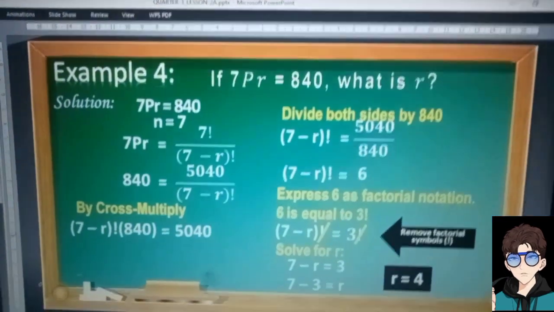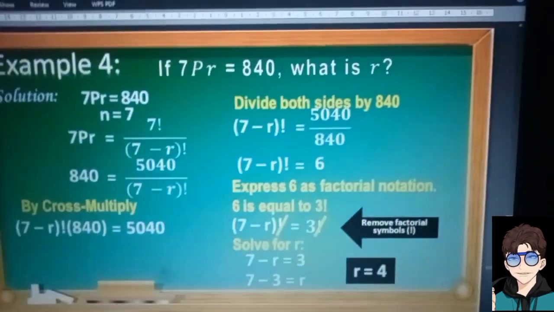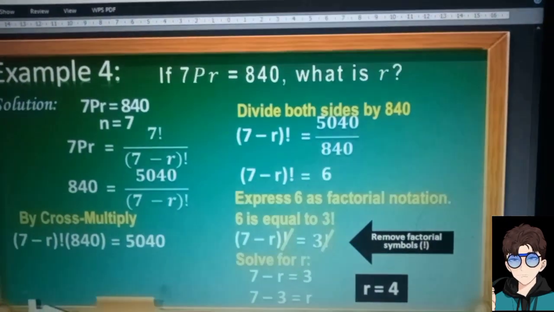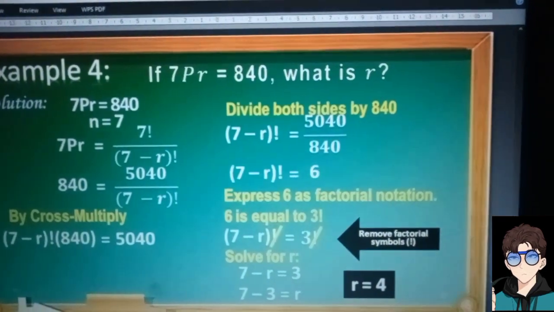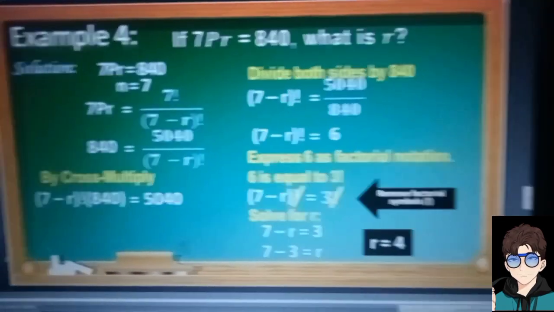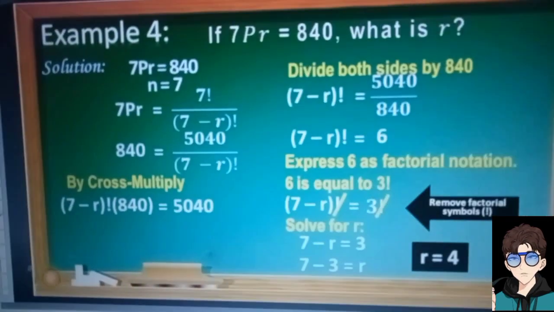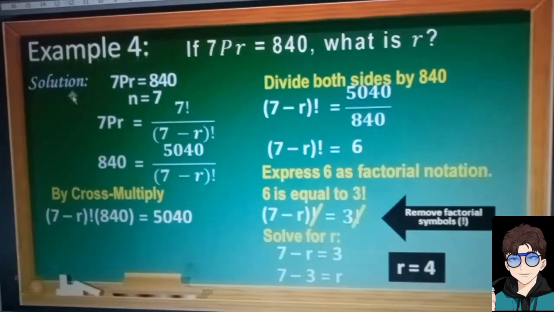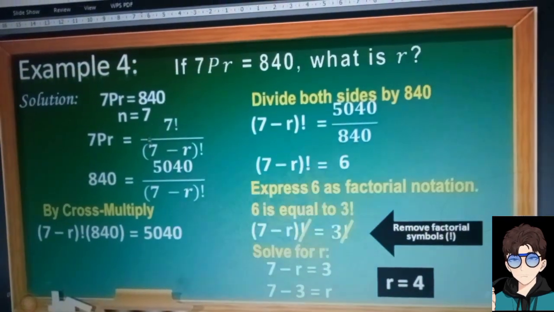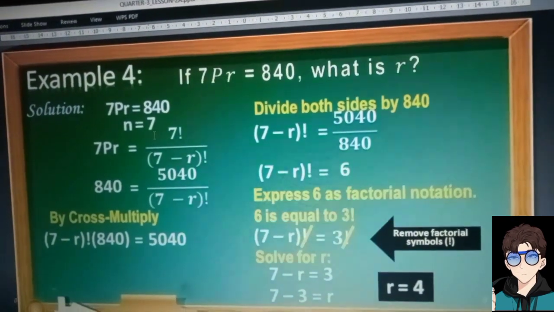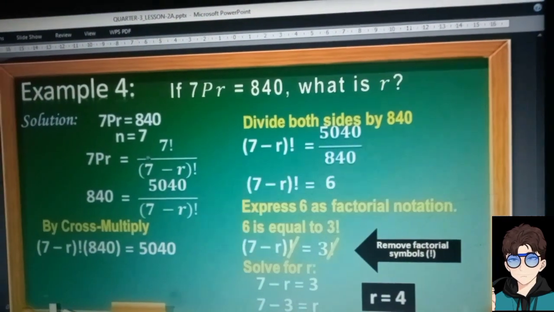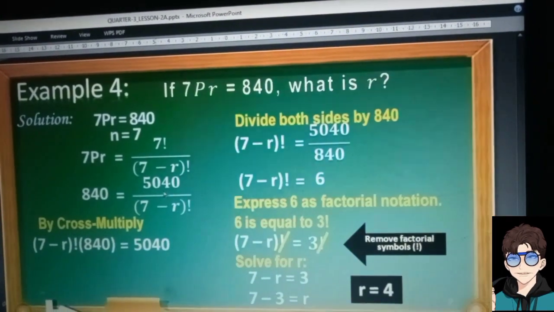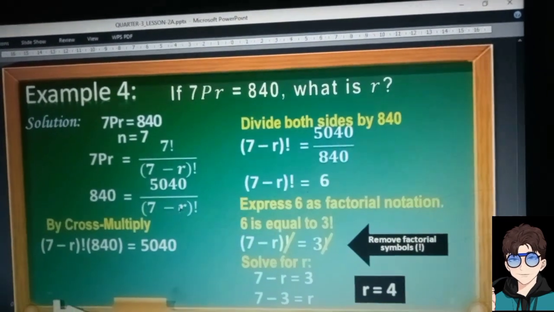Example number 4: if 7Pr is equal to 840, what is r? Here, the value of r is missing. So n is equal to 7. 7Pr is equal to 7 factorial all over the quantity of 7 minus r factorial. So 840 is equal to 5040 all over 7 minus r factorial.